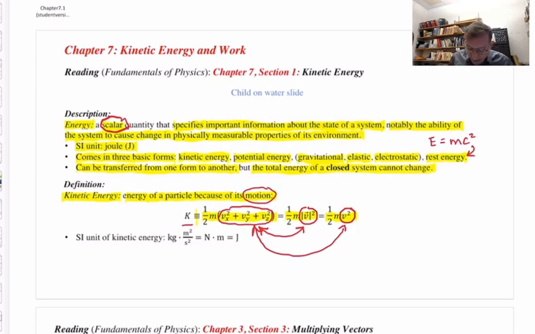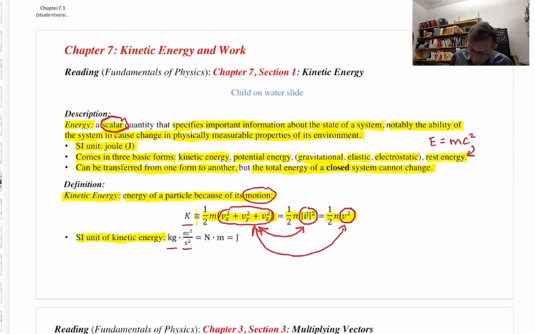What's the SI unit of kinetic energy? Well, look at the definition. It involves mass and speed squared. So the unit must be kilogram, and then for speed squared, meter squared times second squared. Let's just rearrange those units a little bit.